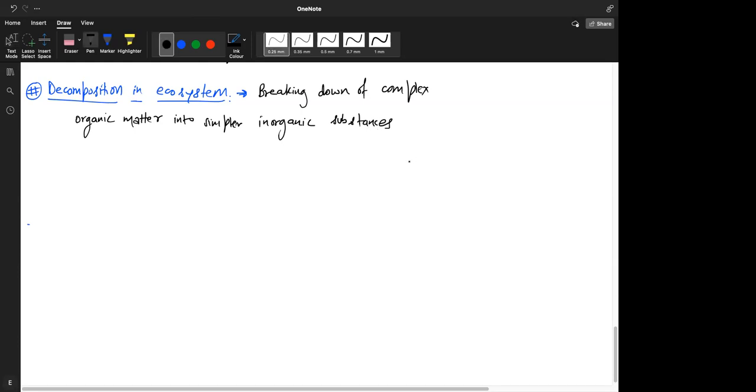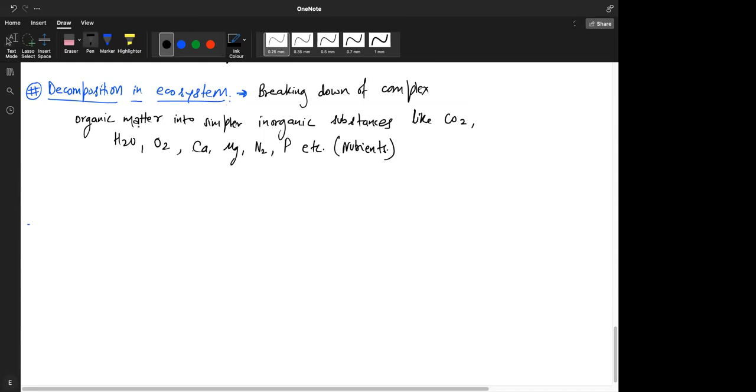Simple inorganic substances like carbon dioxide, water, oxygen, calcium, magnesium, nitrogen, phosphorus, etc., which act as nutrients. Okay, this is decomposition in an ecosystem. Is that clear, everyone?